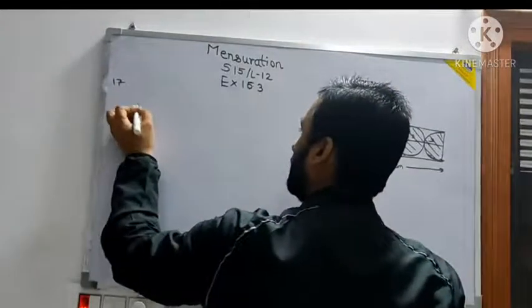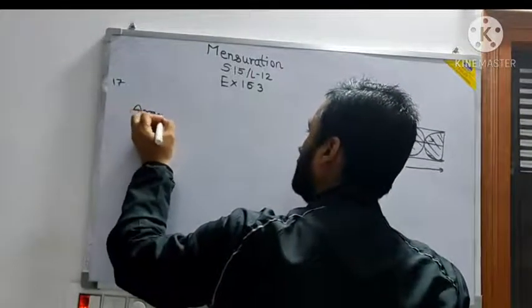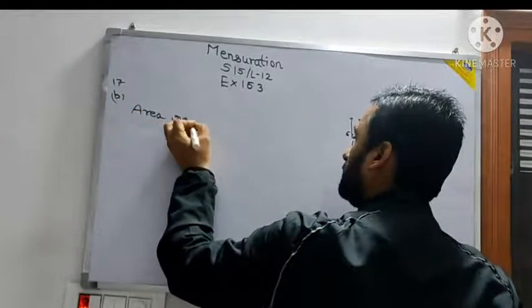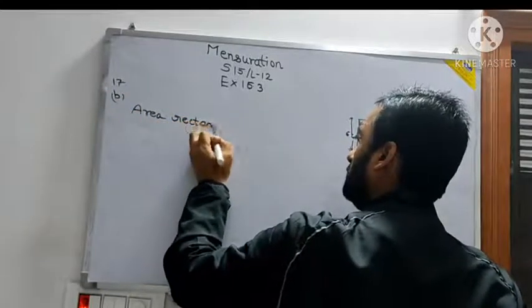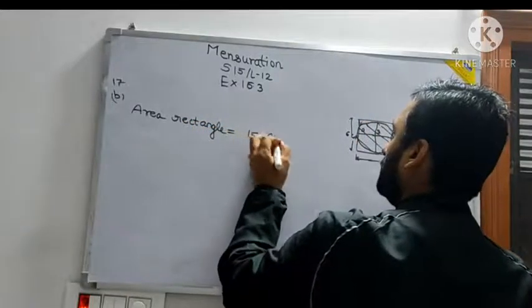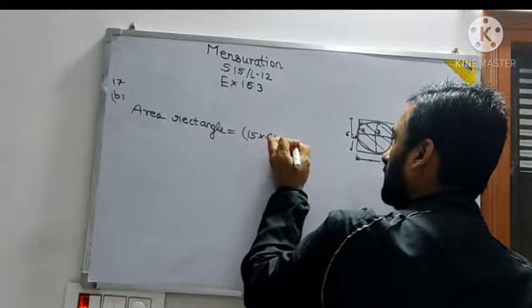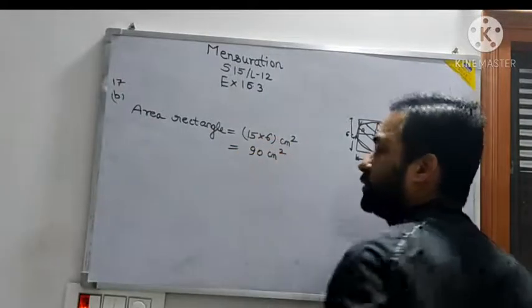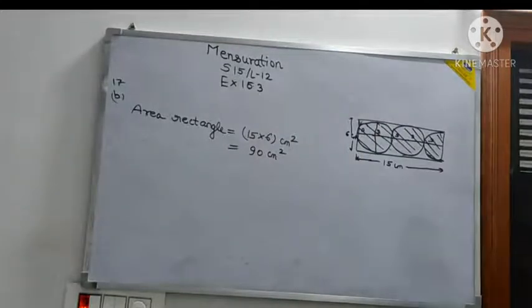Write here, 17 B part. Area of rectangle equals 15 into 6 centimeter square, that is 90 centimeter square.